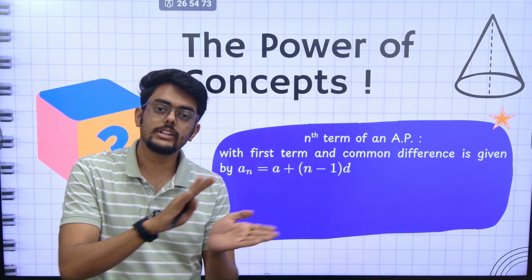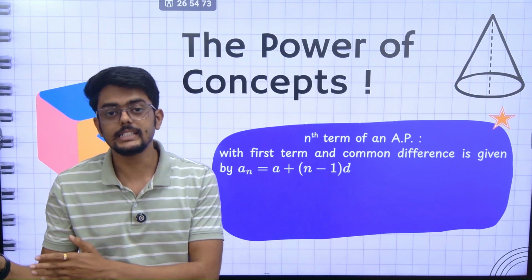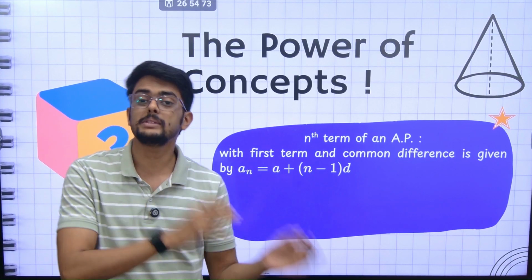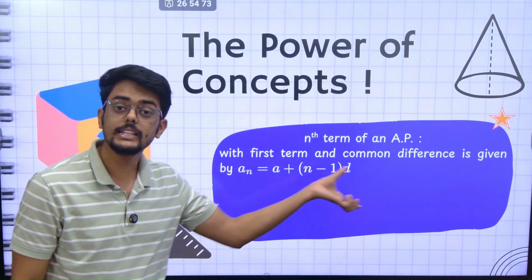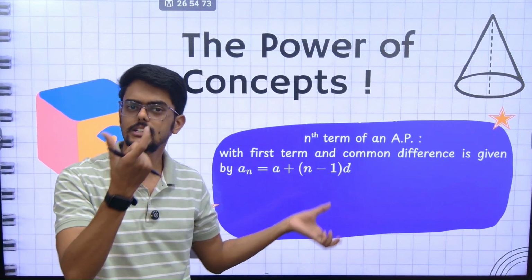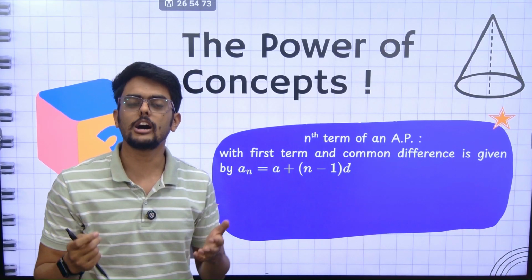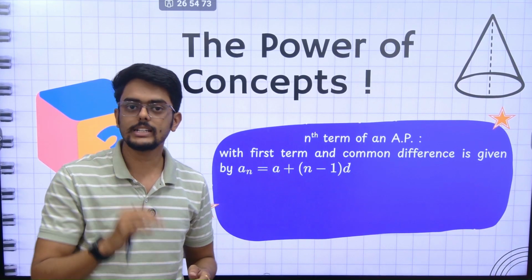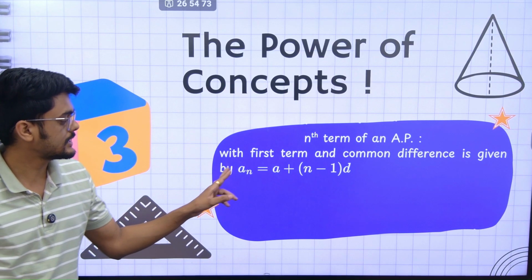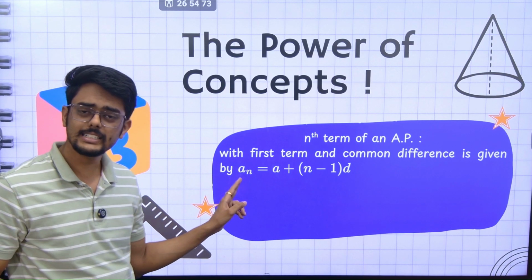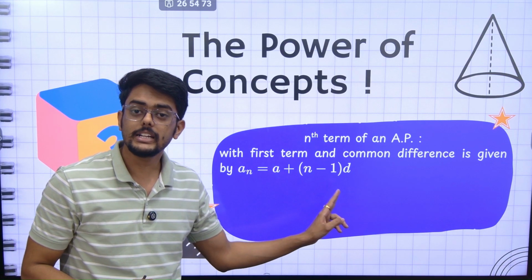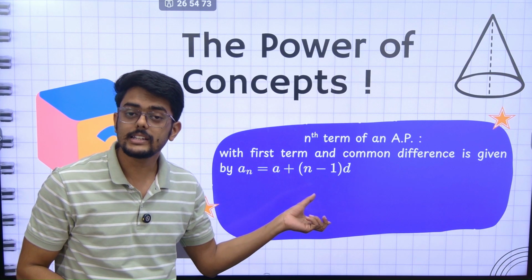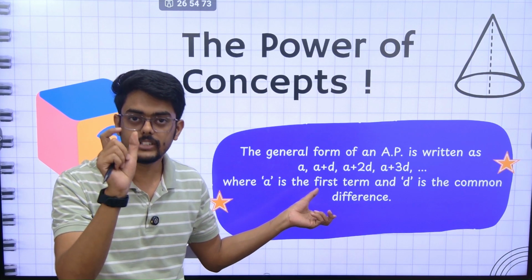Now, instead of repeated addition with the first term or the preceding term, how can we calculate it? We can calculate it very easily with the help of this small yet very powerful formula. Okay, and what does this state? It states that the nth term is calculated as the first term plus (n minus 1) into d, where n stands for the number of the term we need to calculate.